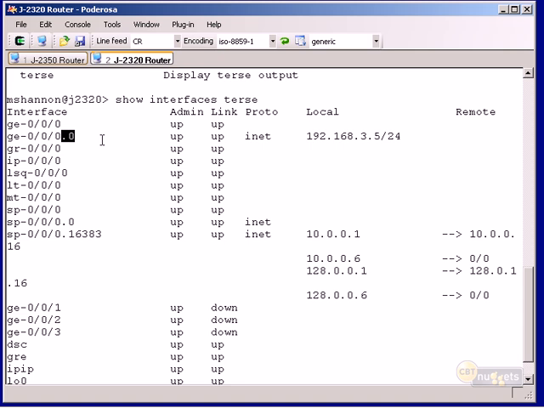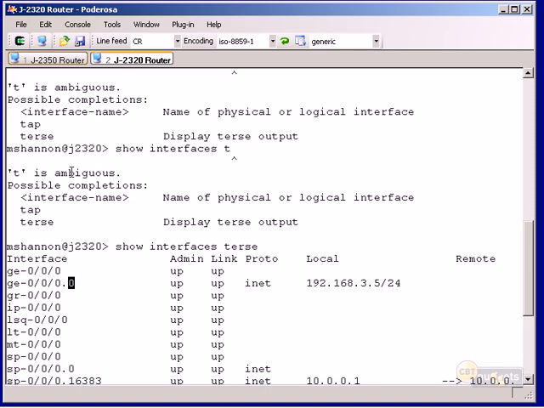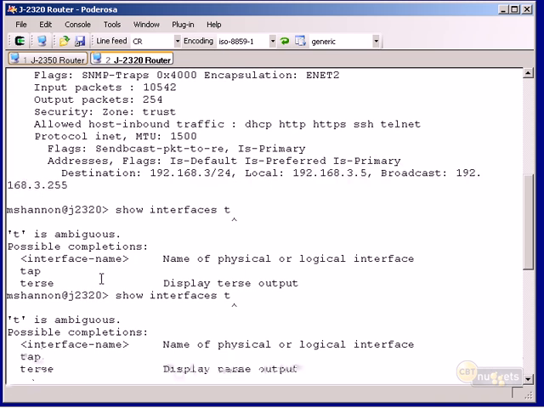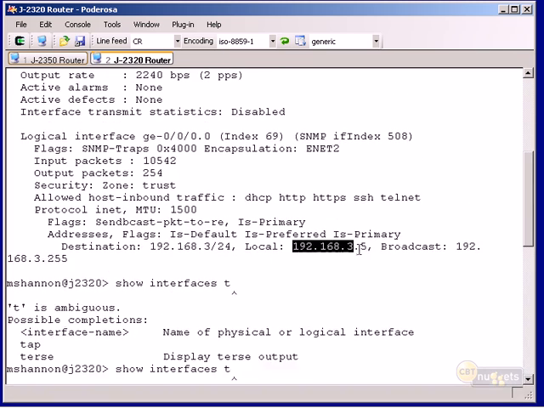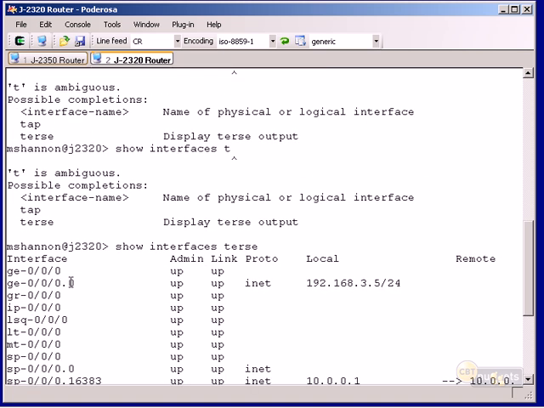This unit 0 is kind of a placeholder for these logical properties that we looked at down here. So this unit number 0 is what holds the IP address, for example, and the fact that it's going to be family INET. So we have to have that placeholder.